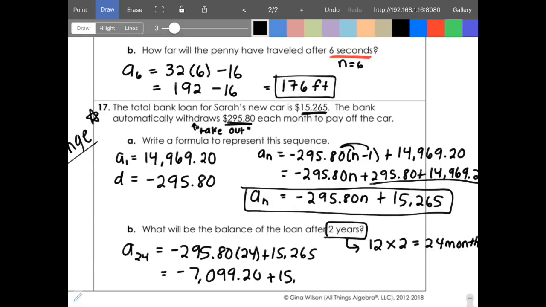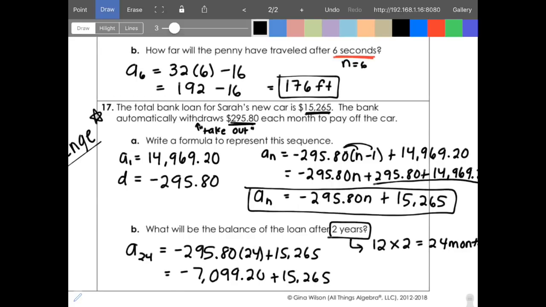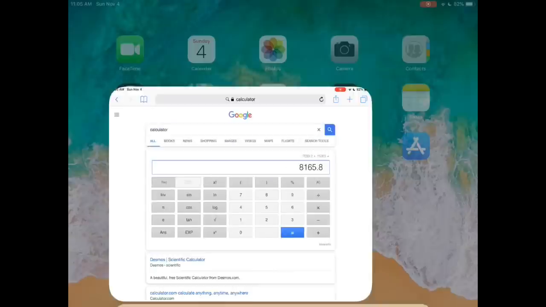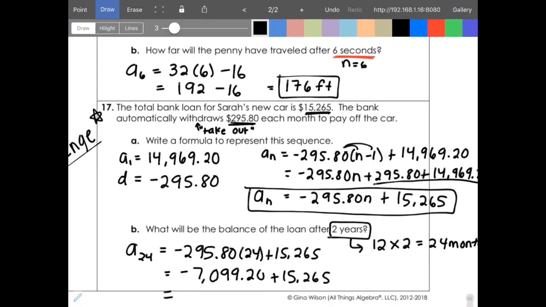Plus 15,265. If I combine those, I'm going to add $15,265 to that, and I get $8,165.80. So that means after 2 years, she'll still have this much money to pay. What's the balance of the loan? Well, $8,165.80 after 2 years.